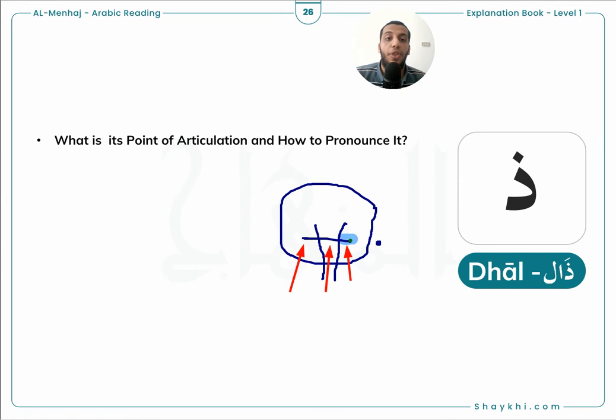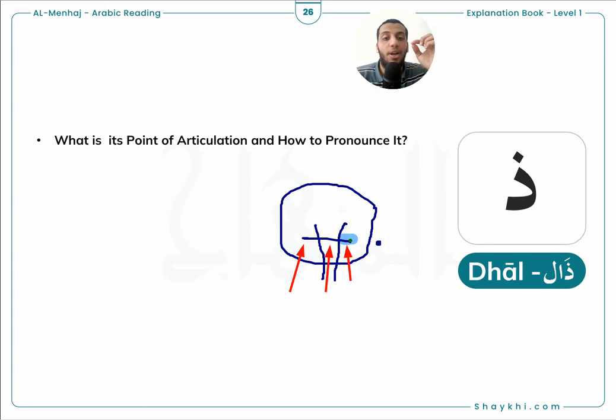This top part touches this edge. Who can describe this edge? This edge is the edge of the upper two front incisors.